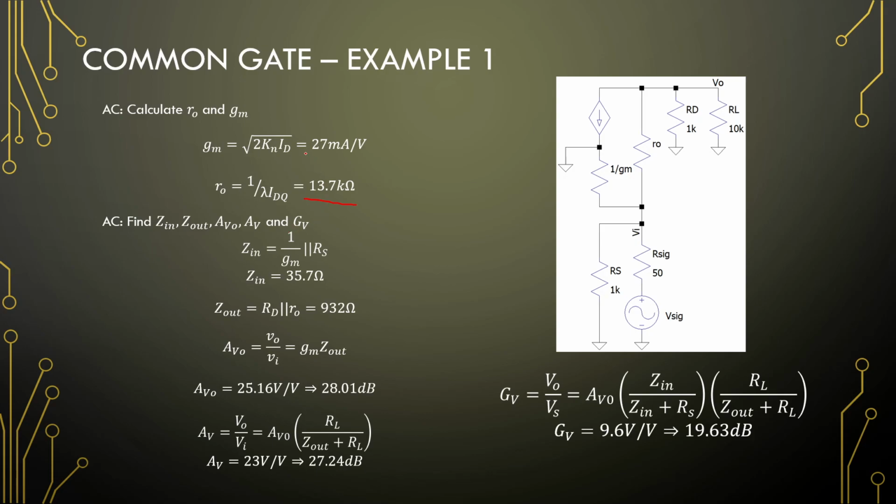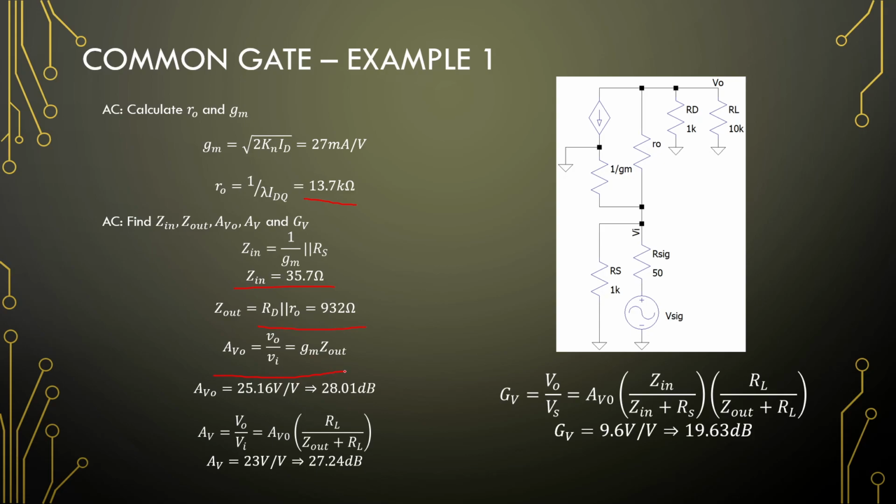Alright, with our transconductance, we can now calculate the input impedance of our amplifier, and as I said, we are seeing this 1 over gm in parallel with RS. So that will yield 35.7 ohms. Our output impedance is our RD parallel to our rO. So 932 ohms.